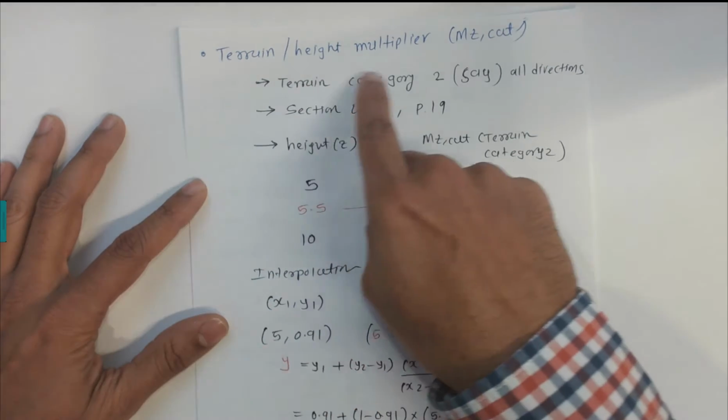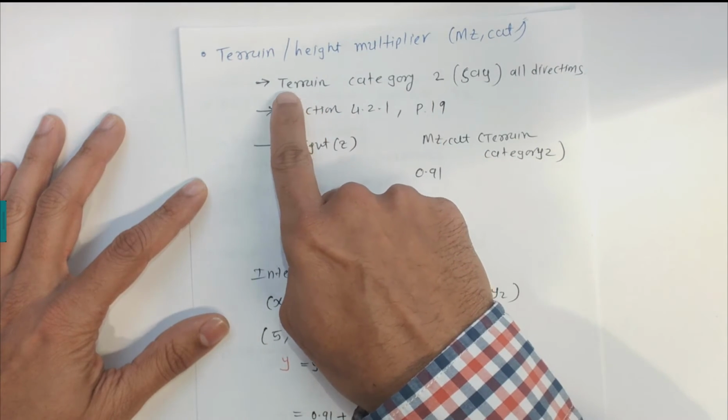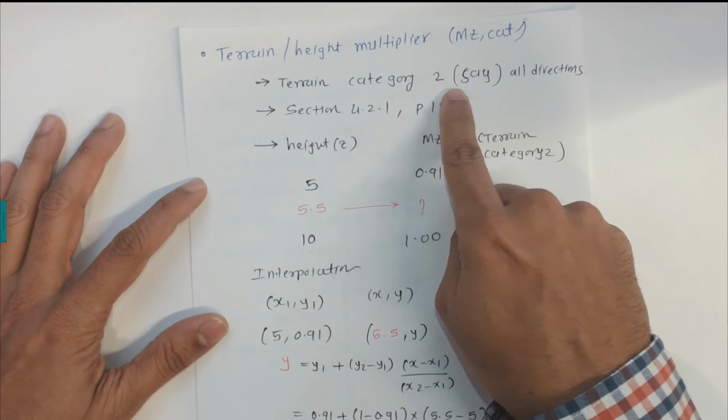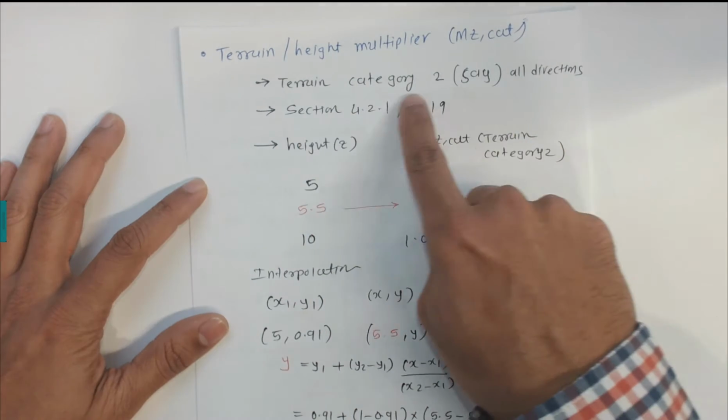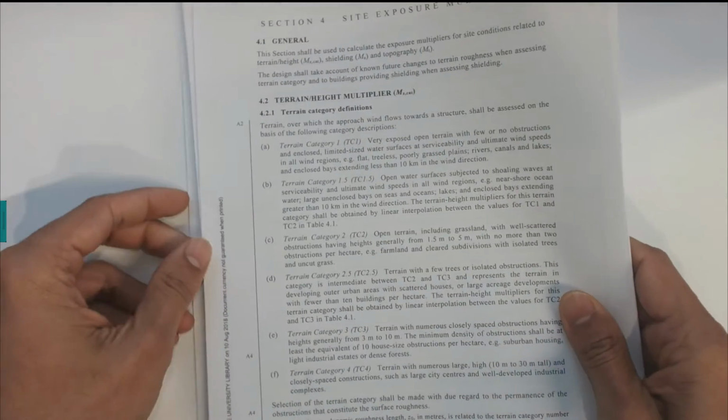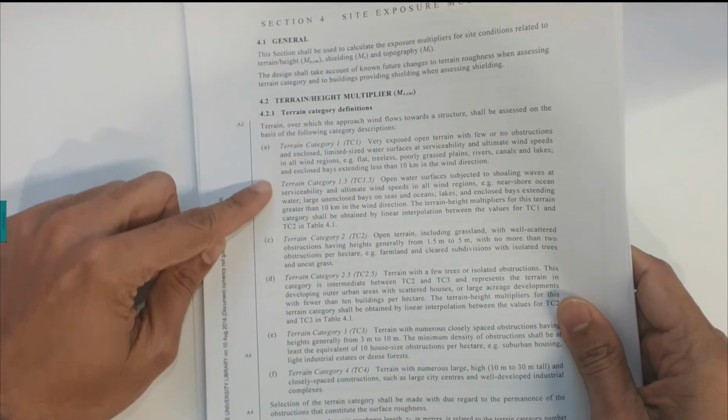the terrain height multiplier. Now we can assume terrain category 2, which is not given in the question, but normally we can have terrain category 2. That information is given in section 4.2.1 on page number 19. Most of the information is given here about the various terrain categories.